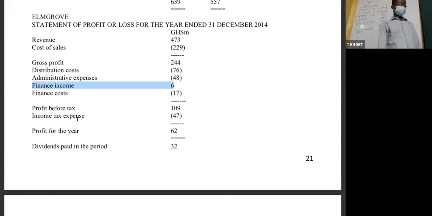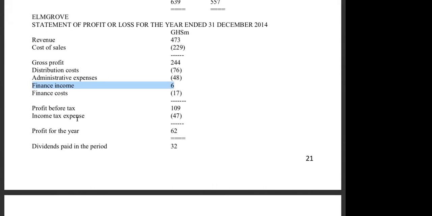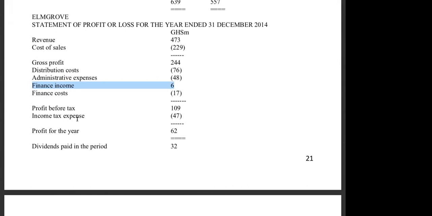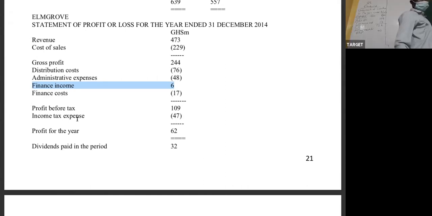Where do you record finance income? Finance income is a stranger. What is the financial activity? Investing activity, right? Yes. Okay, so we'll take him there.